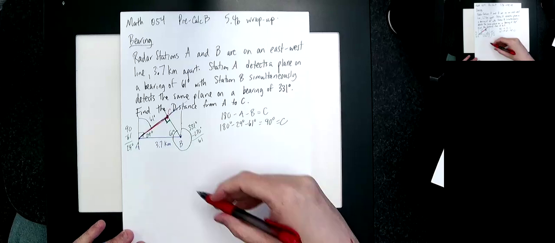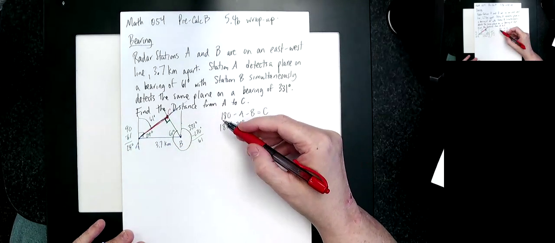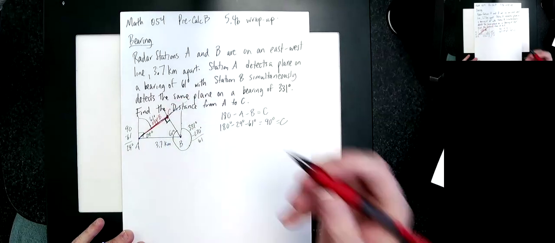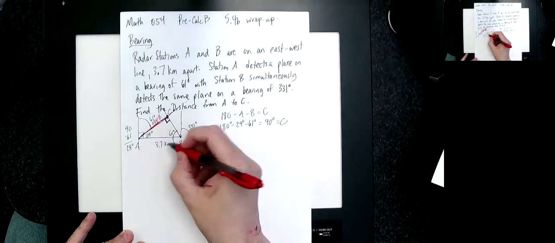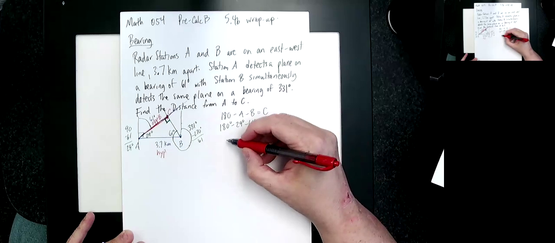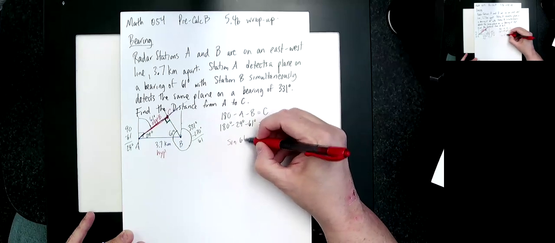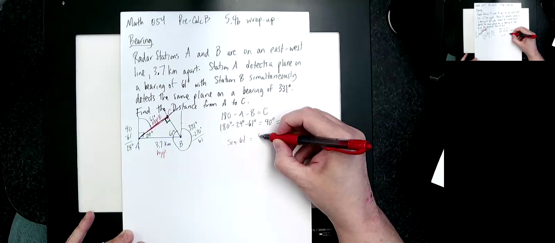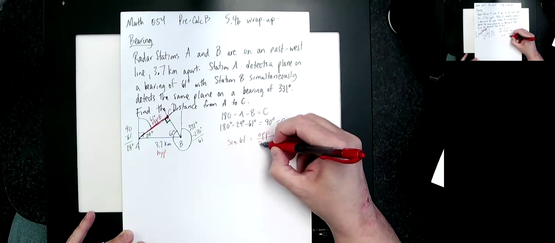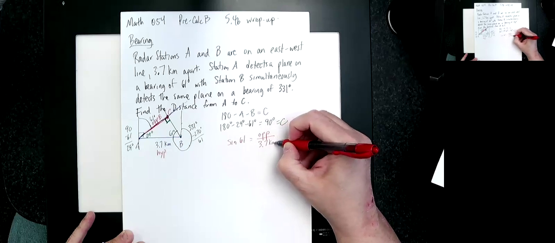This is opposite of B, and this is the hypotenuse. So I could do sine of 61 degrees equals opposite, which I don't know, that's what I'm looking for, over hypotenuse, which is 3.7 kilometers.